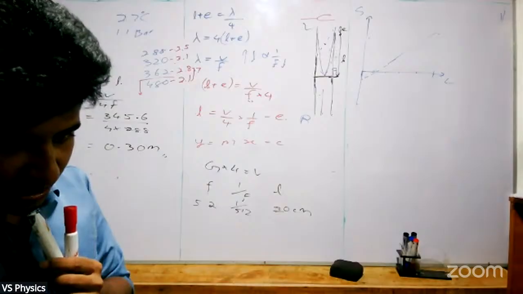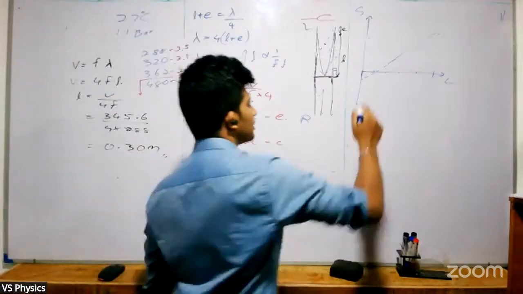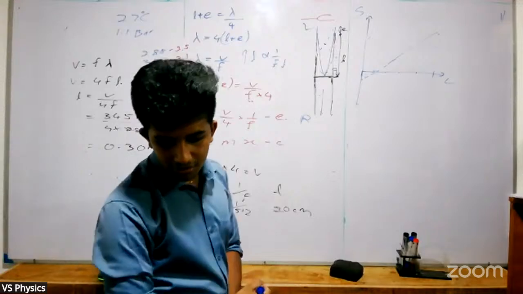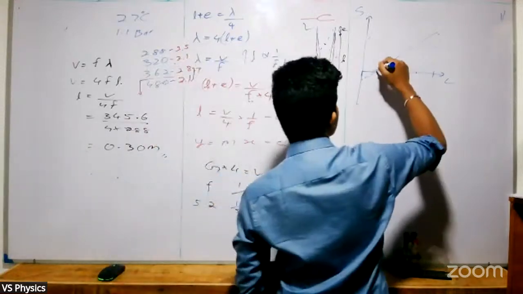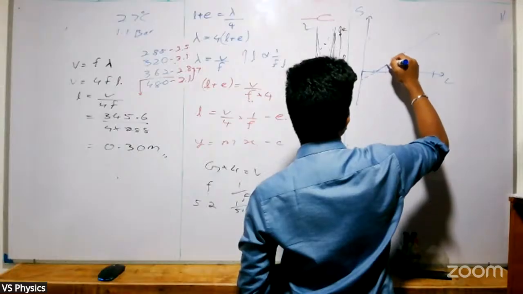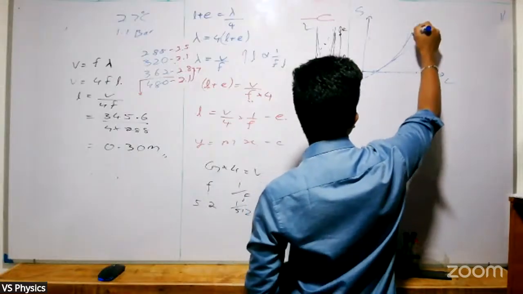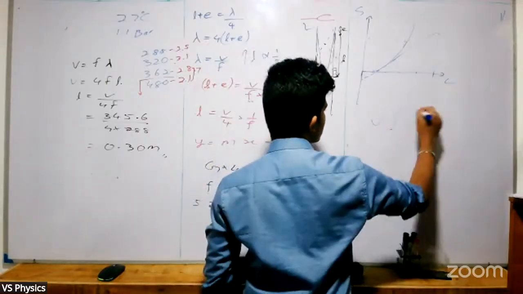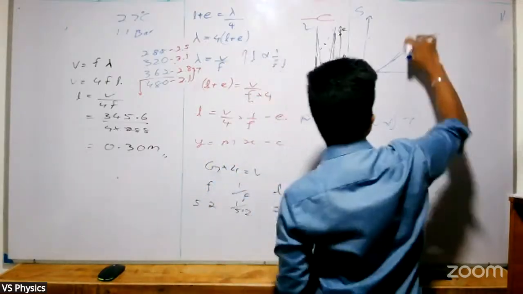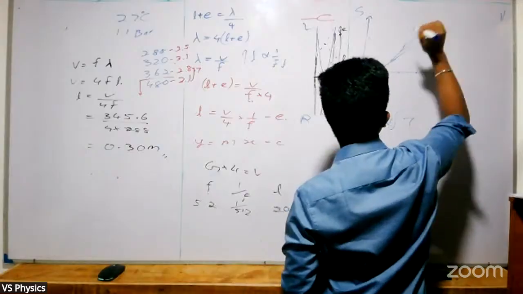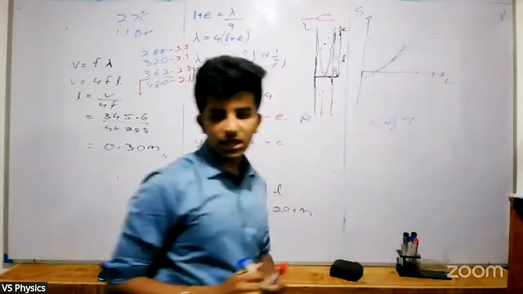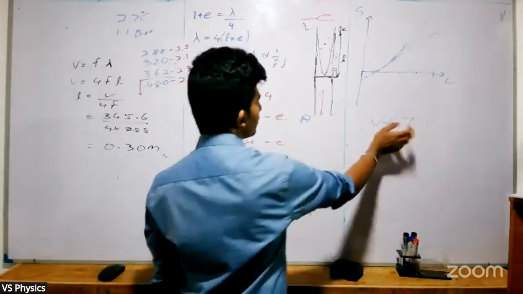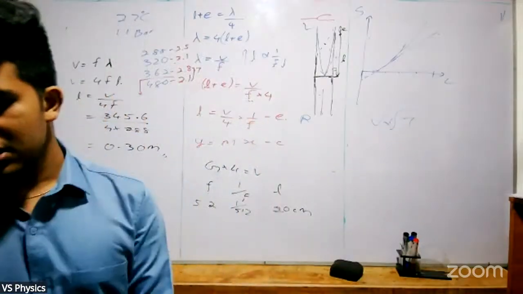Now they are asking, if the temperature increases, what would happen? The velocity increases, because velocity is proportional to temperature. If you marked this in general, you will get marks. Reason: velocity is proportional to temperature.